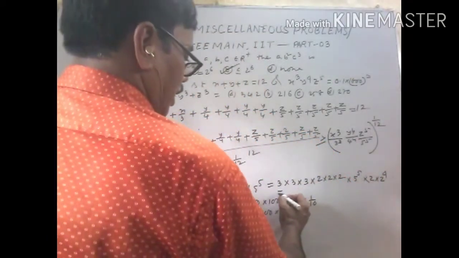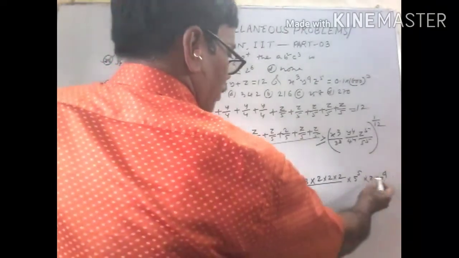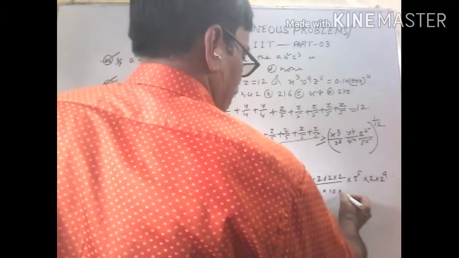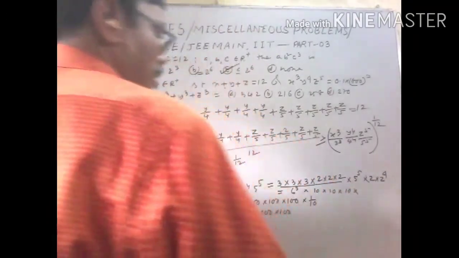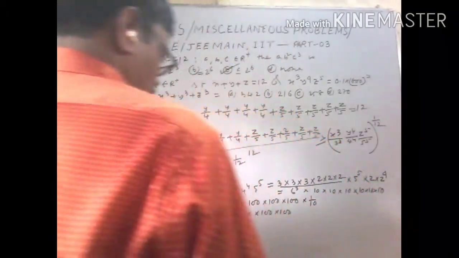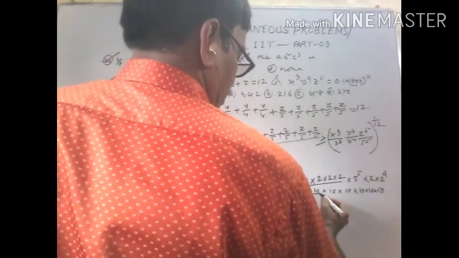So this equals, we can write, look, 6 to the power 3, and this is 5 into 10. So this is 10 into 10 into 10, 5 times 10 into 10 into 10. So this is 6 cube into 10 as it is.